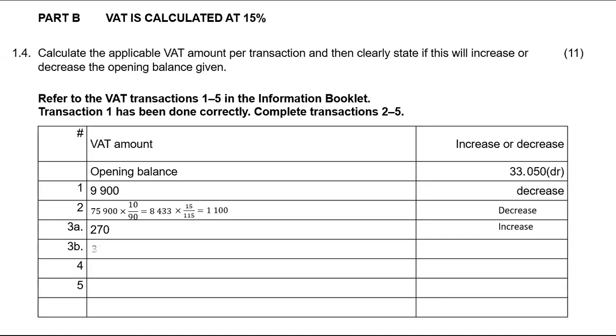That's why for 3B, we'll have 360 times 15 divided by 100 because they said 360 was VAT exclusive. That 54 will reduce your VAT input. Purchases, expenses, increase VAT input. Income or sales will decrease your VAT input or result in increase in VAT output.